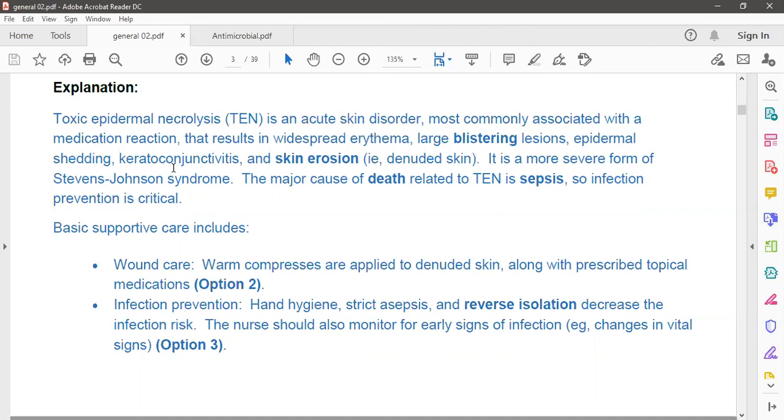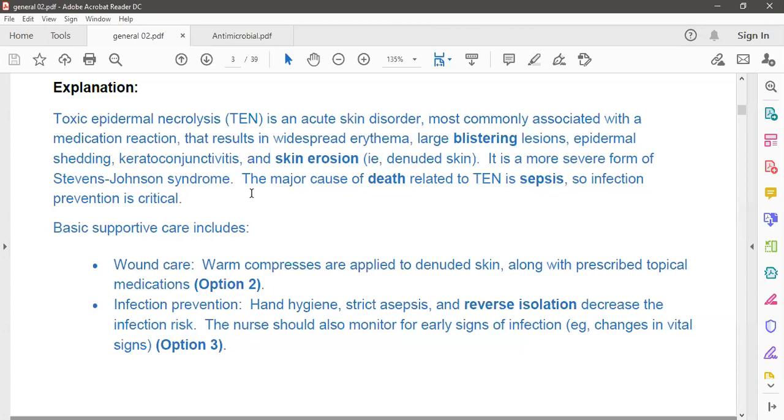In the eye, keratoconjunctivitis, conjunctival inflammation, and ulcers develop, along with skin erosion, peeling of denuded skin. It is a more severe form of Stevens-Johnson, called toxic epidermal necrolysis syndrome.